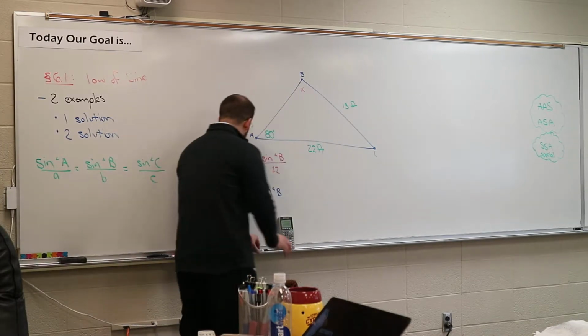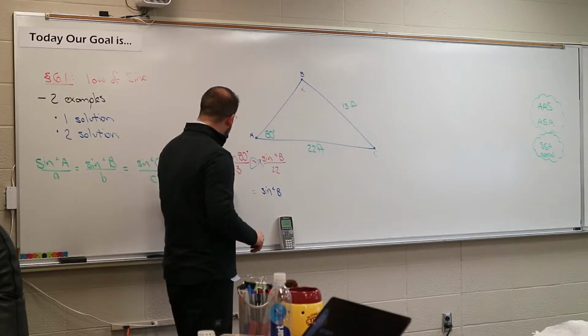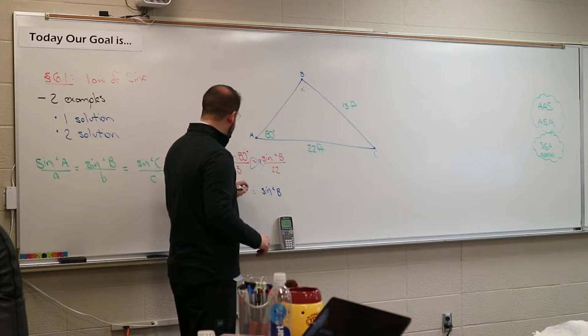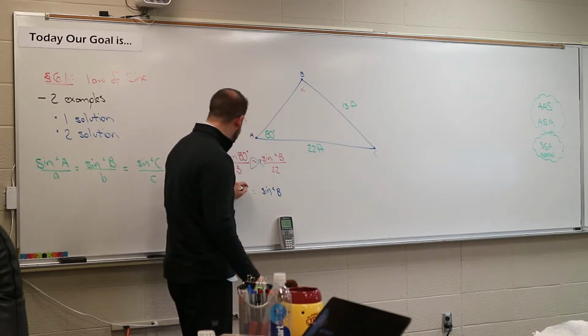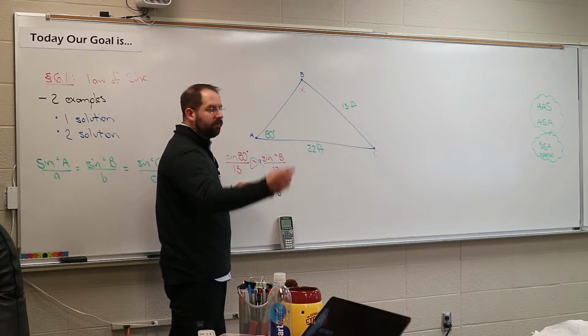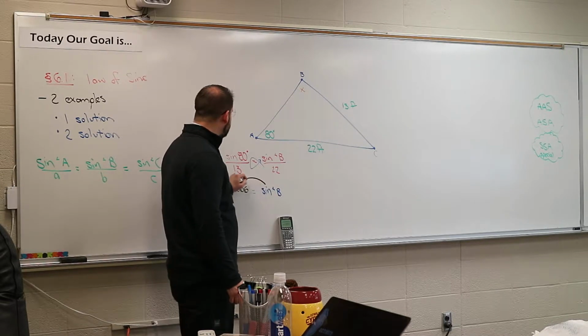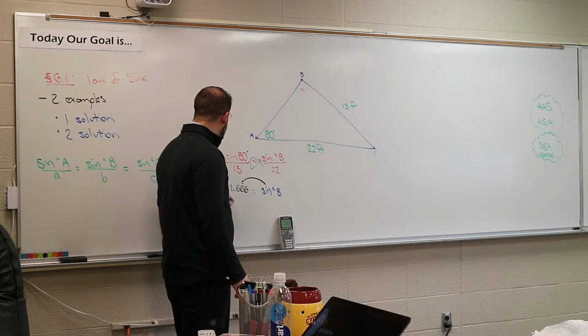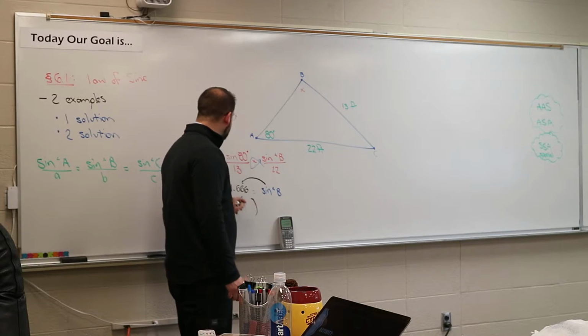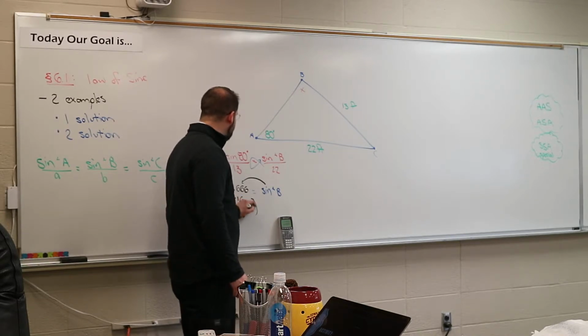So we're getting 1.66, whatever it is, 1.6597736 if you want to be precise. When you try to take the inverse sine of this, that was the thing I was warning you of, it says domain error.